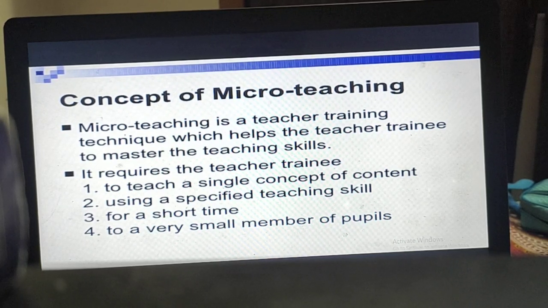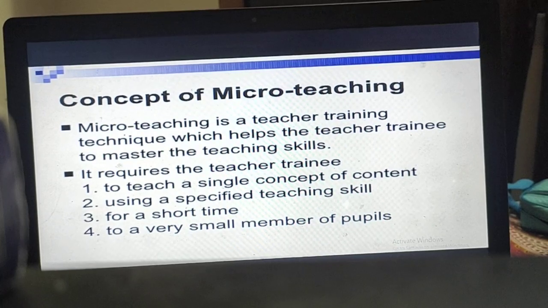The time is limited, maximum 10 minutes, in the presence of a small number of pupils or students. That is the concept of micro teaching. So micro teaching is a teacher oriented teaching skill method. Again I repeat, through micro teaching the teachers can develop their skills.